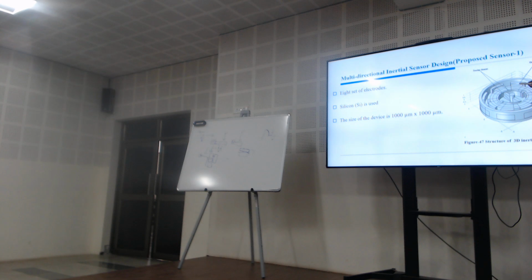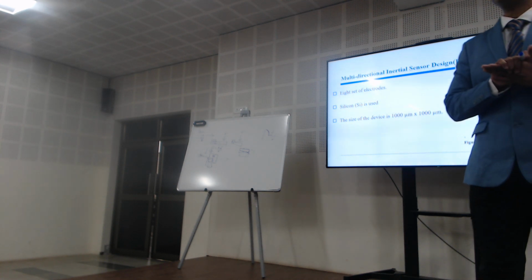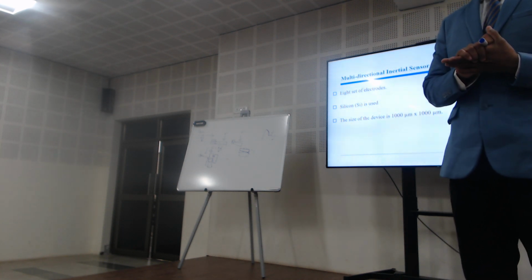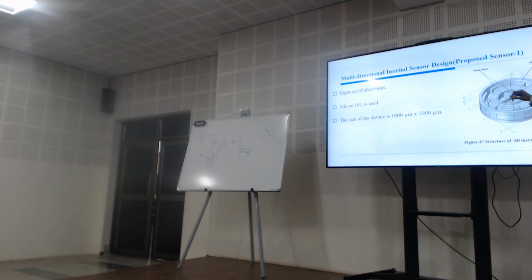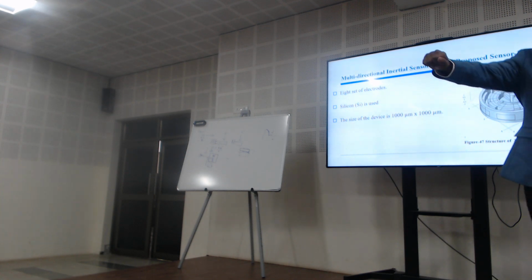Totally 8 sets of electrodes I had kept. The more electrodes we keep, the better sensitivity we can get. Right? So here we have 8 parallel capacitances. Whenever any movement happens in the x direction, we can get some voltage.